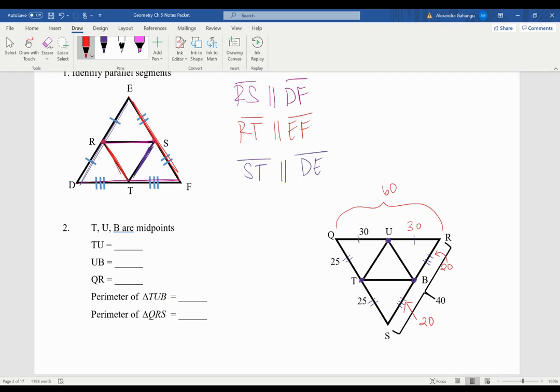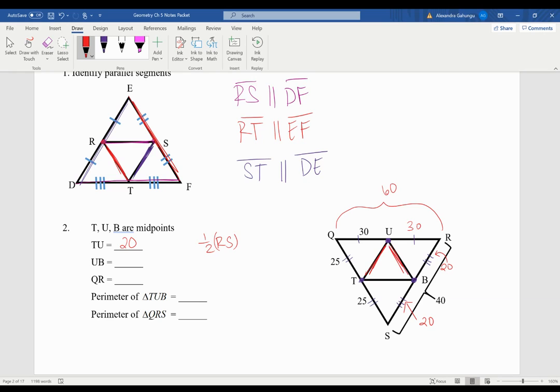And now we can look at our mid-segments and how they're going to relate to the sides of our big triangle. TU is parallel to RS, and it's also half of RS. And RS is 40, so TU is 20.